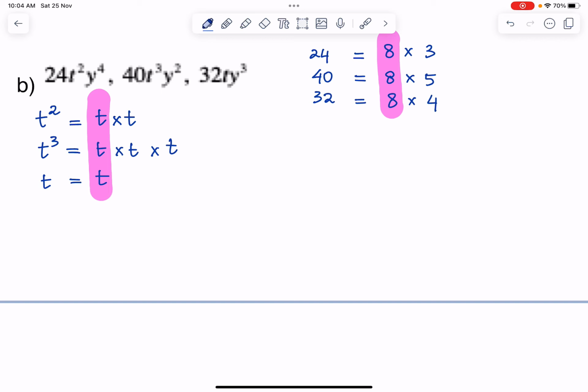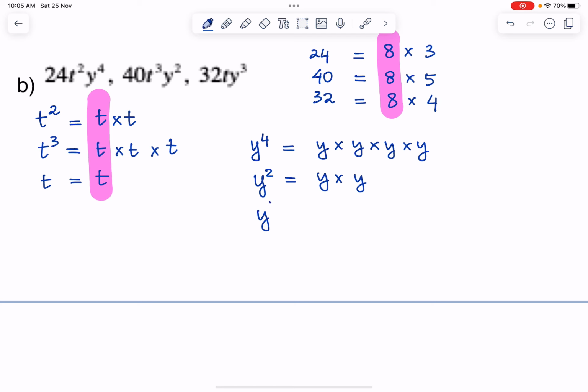All right, so the next one, we look at the y expression. y power 4 is actually y times y times y times y. And then y squared is y times y. And y cubed is actually y times y times y.